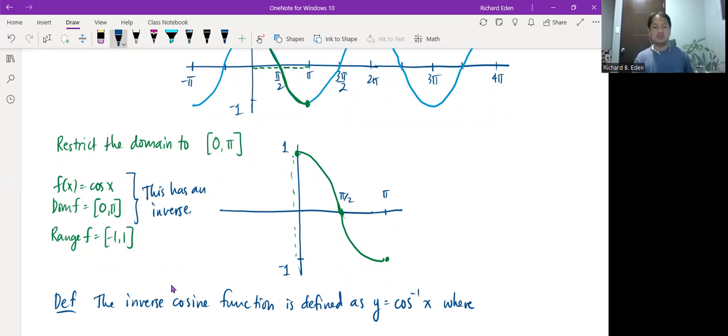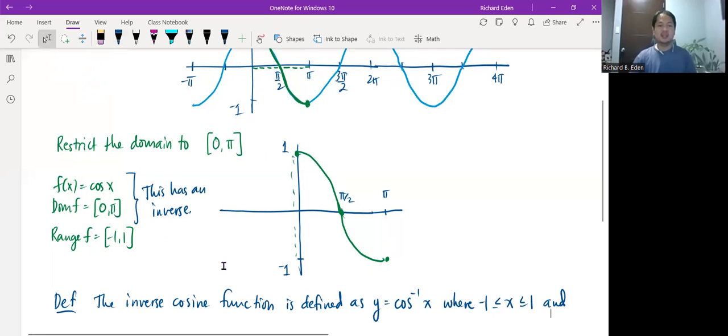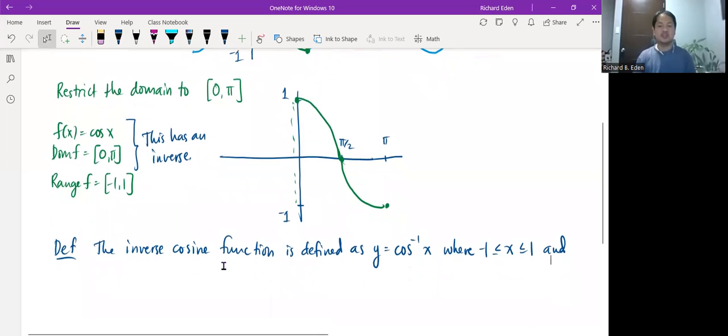So magkakapalit ng domain and range. So the range of f is -1, 1. That will then be our domain. So x is from -1 to 1. And because the domain of f is from 0 to pi, then that means the range of this new function will be 0 to pi. Y is from 0 onwards to pi. And how is the graph then going to look like?